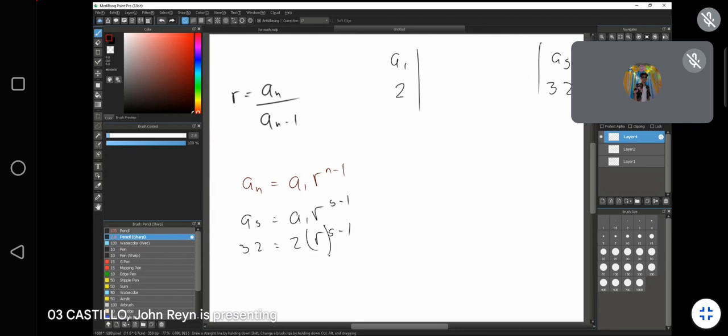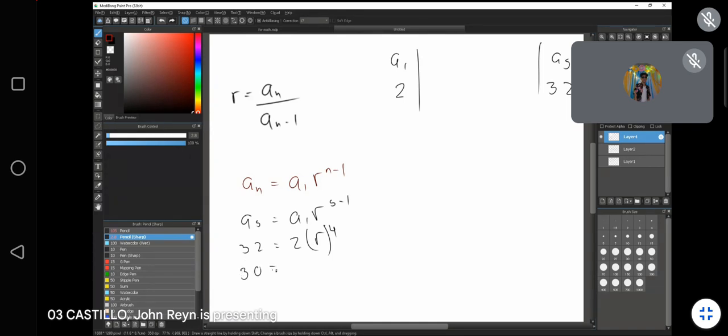Okay, yes. Then since this is a variable, we want to separate the number and put it here. Wait, no. So magiging 4 muna to. So 4R4 minus 2 is 32.